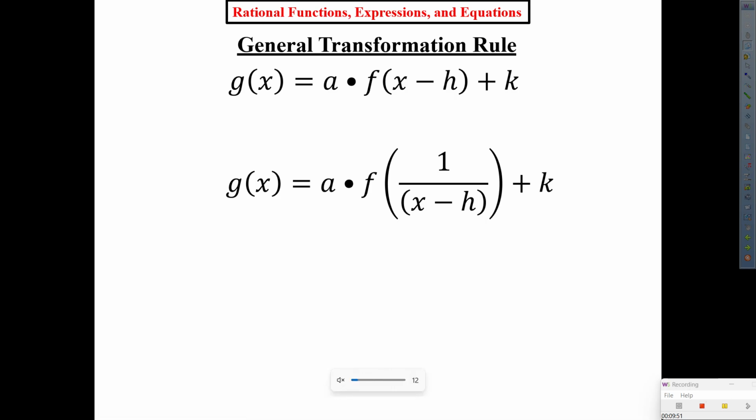All right, let's see. Looks like Leo's got it. Leo, what does K do? Up or down, and also it's what kind of asymptote? The vertical. That is close. Horizontal. That is correct. What does H do? Let's go with Daniela.